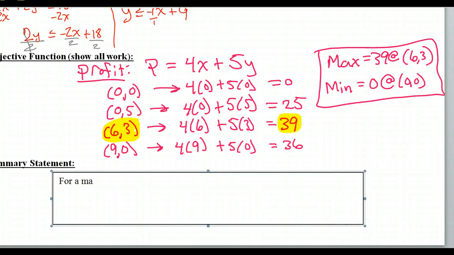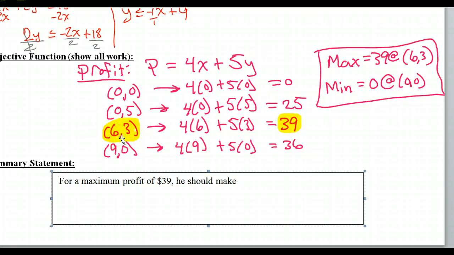So for maximum profit of $39, all right, there's your profit right there. He should make in the 6, 3, the 6 was pine clocks, and the y value, the 3, is oak clocks.